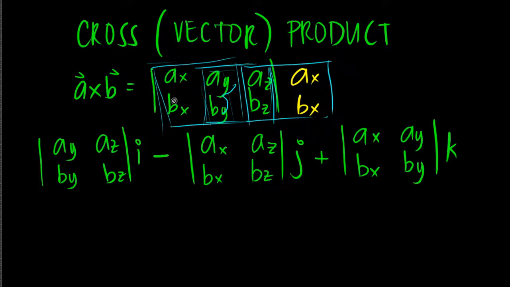Now, once you draw your matrix, copy the first column here. So, that's AY, AZ, BY, BZ. And then, down minus up. Always down minus up. The signs are plus, minus, plus. Always put X first before Z, because it comes first in the alphabet. Okay? And, yeah. That's it.